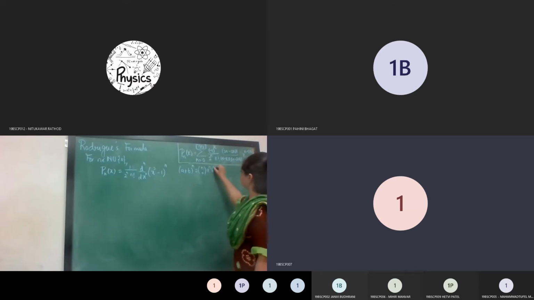Fine. Plus nC1 a raised to n minus 1 b raised to 1, plus up to plus nCn a raised to 0 b raised to n.